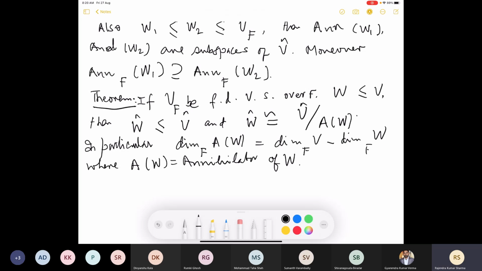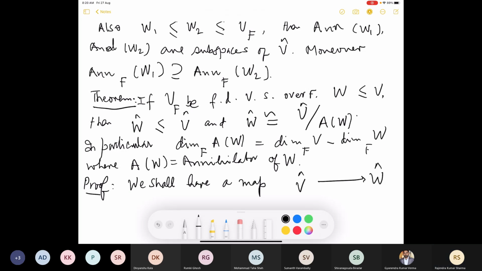So for the proof, we shall have a map here from V hat to W hat. Let us say this is T.